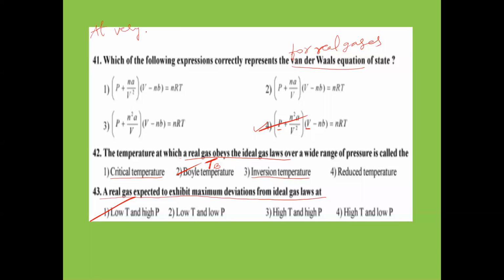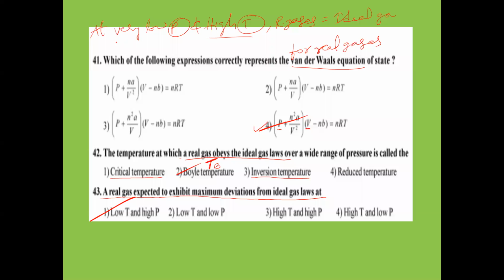Why? At very low pressure and high temperature, the deviations will be minimum and can be neglected. That's why the real gas behaves like an ideal gas at very low pressure and high temperature.